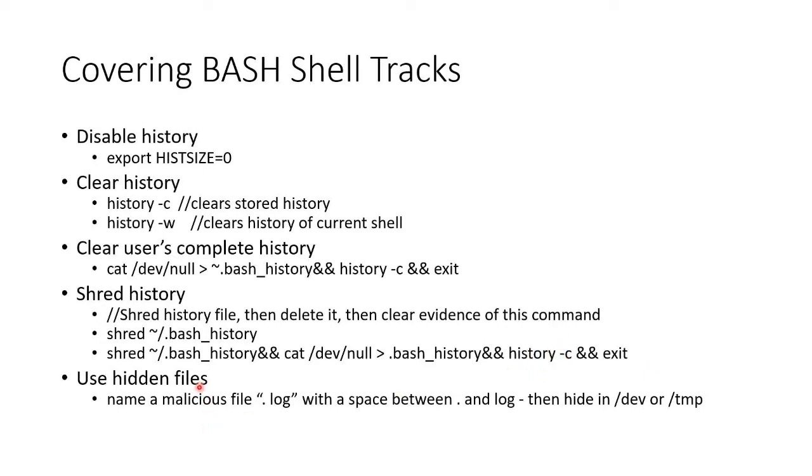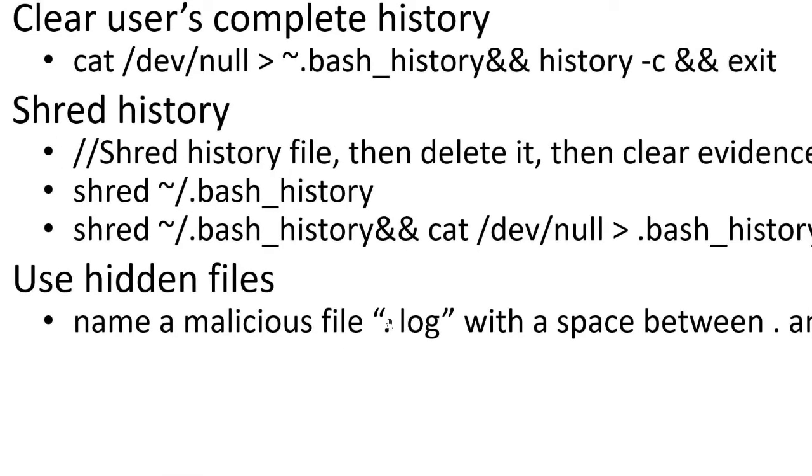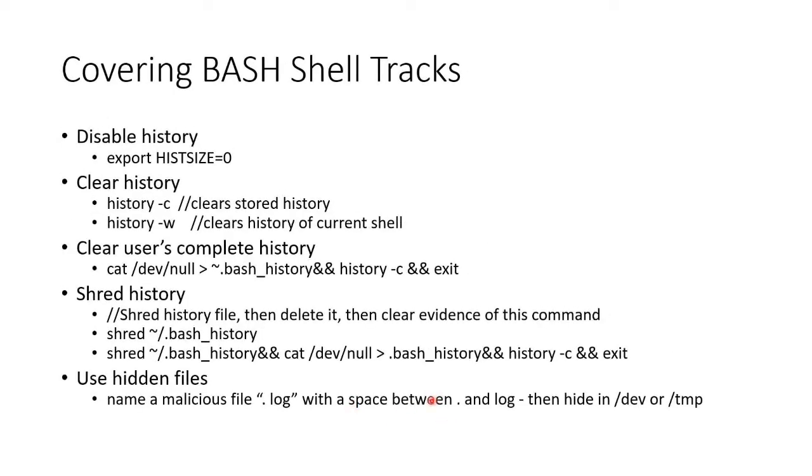You could not delete files, but simply hide them as something else. So in Linux, you could name a malicious file something.log, but look carefully here. Do you see that there's actually a space? So you could call it, I don't know, activity.log or just abc.log, but it's not .log, it's space .log.